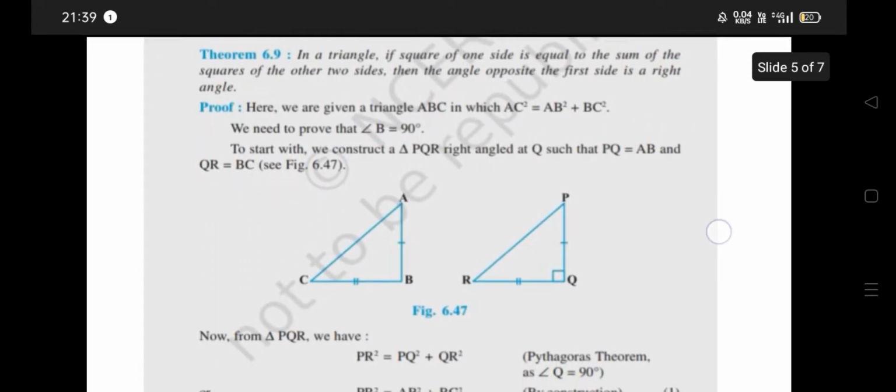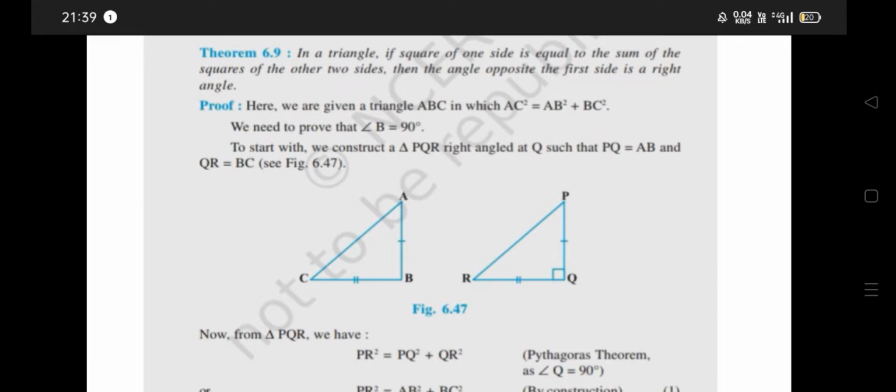This theorem is 6.9. In Pythagoras theorem, we have told that if in a right triangle, hypotenuse square is equal to sum of square of other two sides, then its converse should also be true.